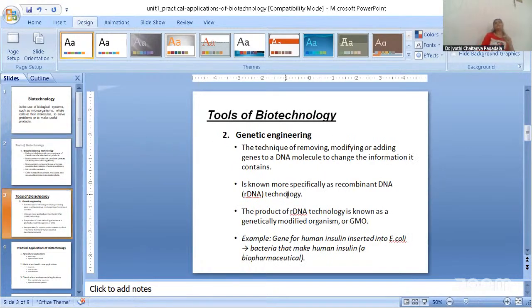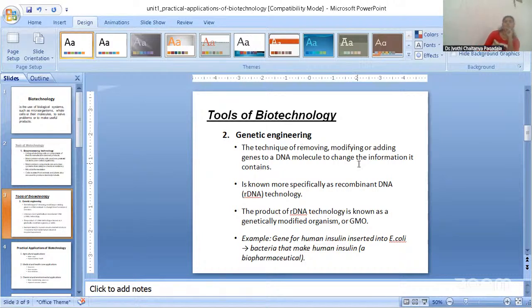When coming to genetically modified things, genetic engineering plays the major role. It is a technique of removing, modifying or adding genes to the DNA molecule to change the information which it contains.